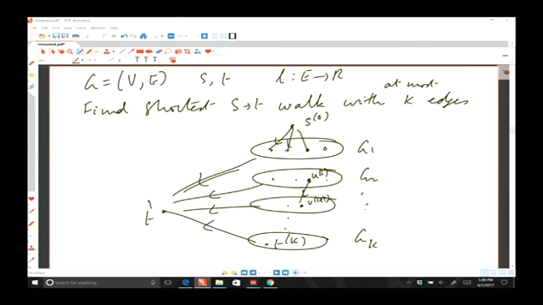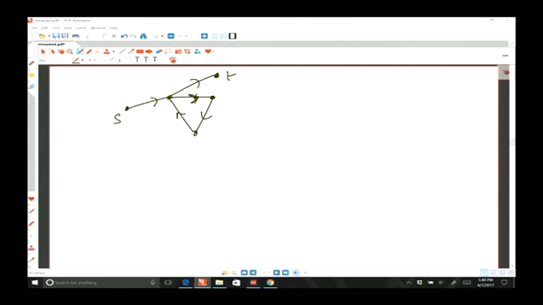This allows you to constrain the number of edges you're using, and you may need to use a vertex more than once. So the answer for 5 is yes: there is a walk of length 5 between S and T. But you can't tell whether there is a path of length 5 from S to T. That's a hard problem, but walk is easier.